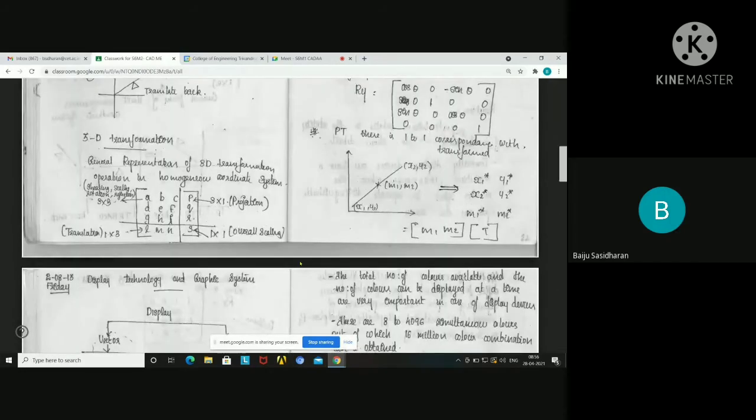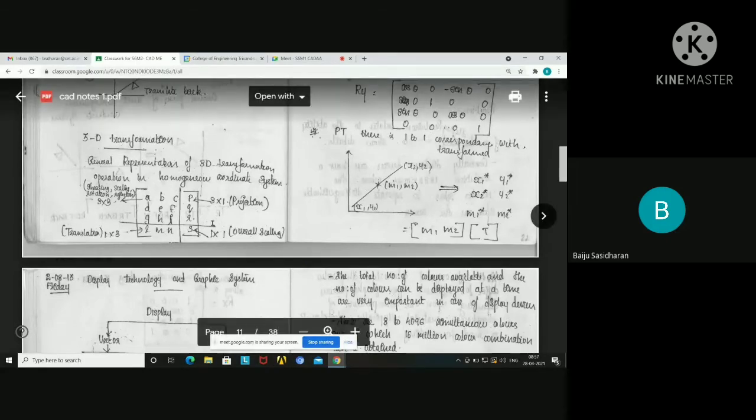In the 3D transformation, the transformation operator is actually a 3x3 matrix. But in order to represent that 3x3 matrix in the homogeneous coordinate system, it will be a 4x4 matrix.